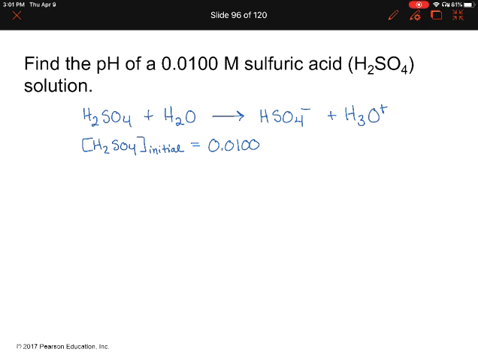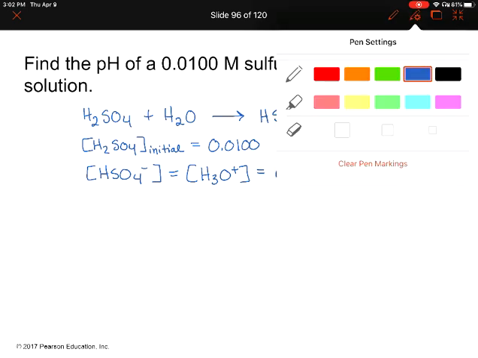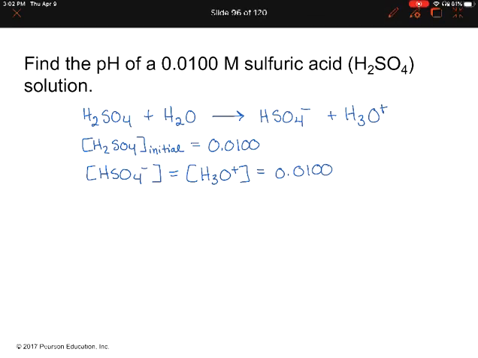That tells us that the products will also have that concentration. So this is actually going to carry into the second step. So I'll use a different color for the second step.